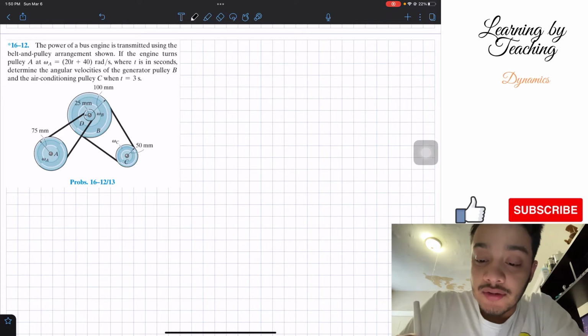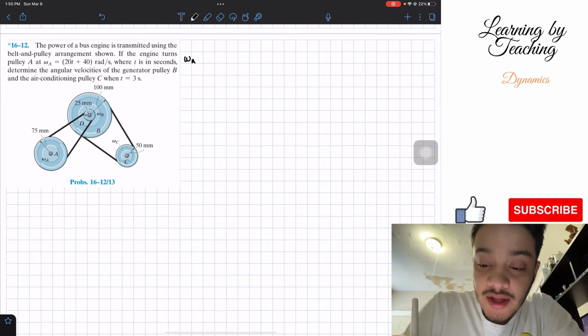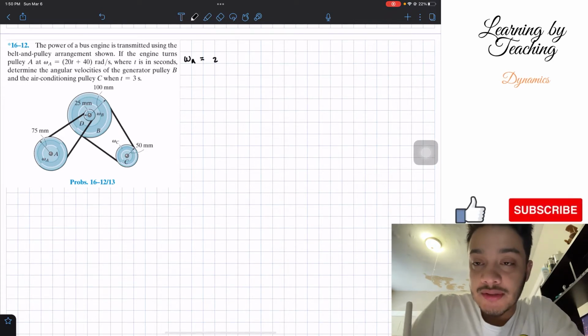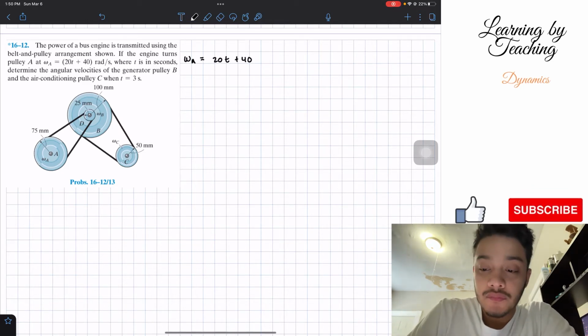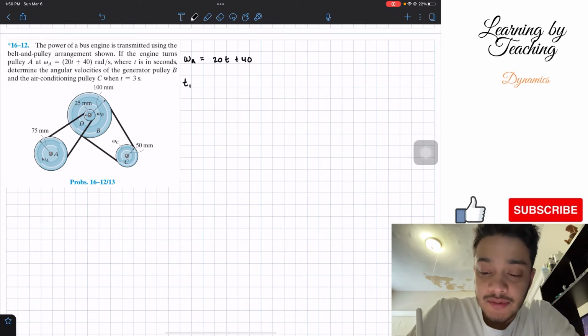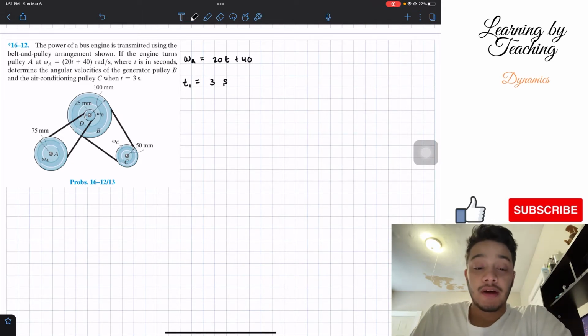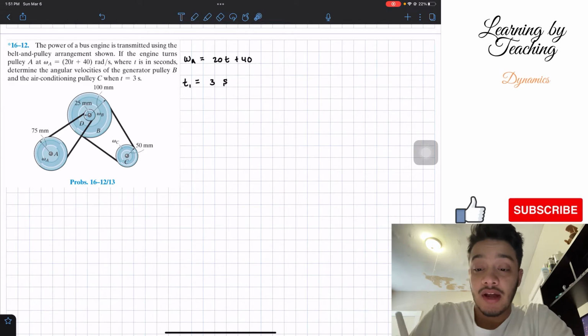We're given that the angular velocity of disk A is equal to 20t plus 40. They're also giving me the time I'm interested in, which I'm going to call t1, equal to 3 seconds.